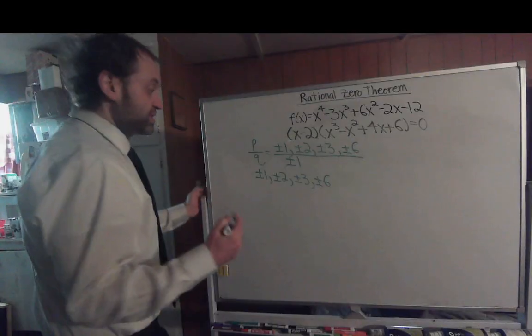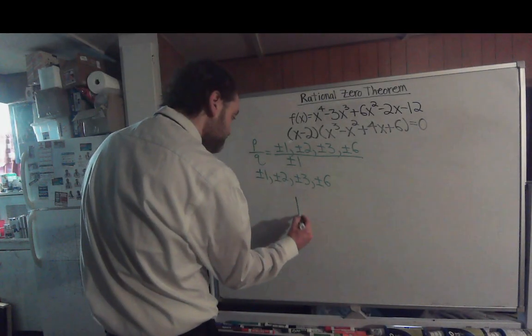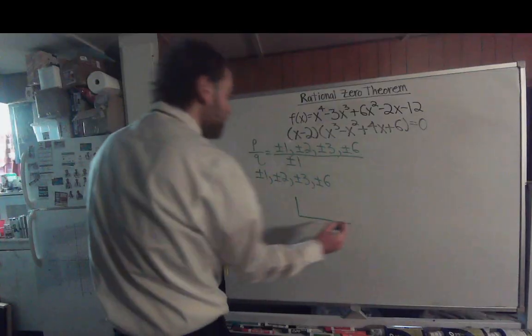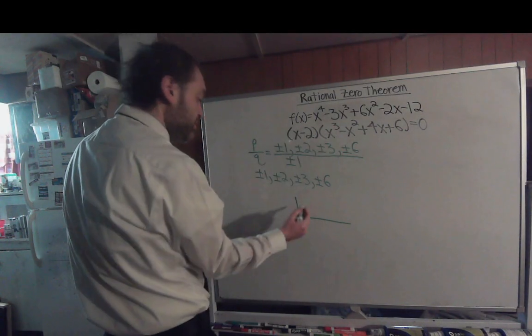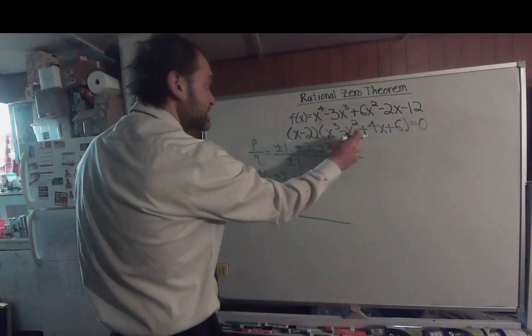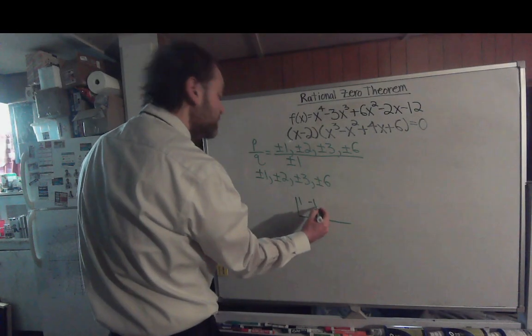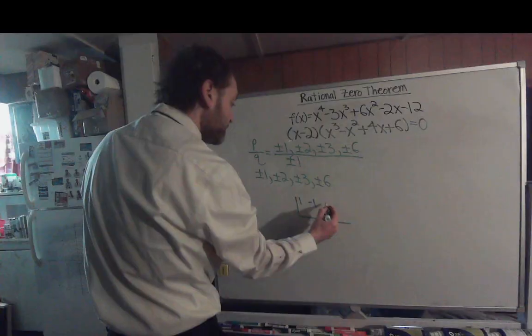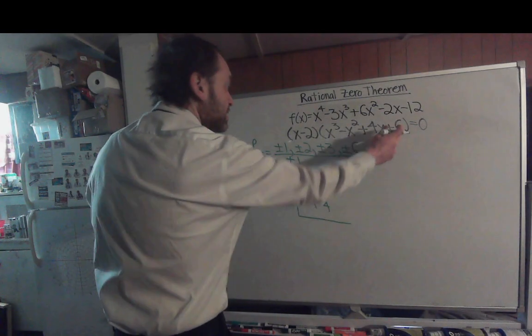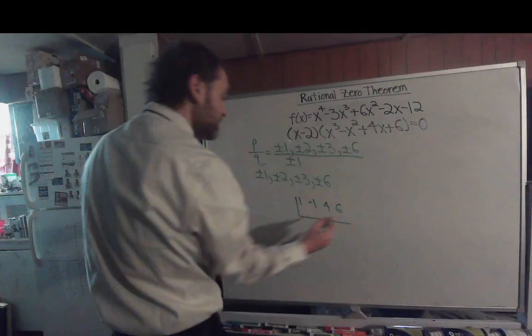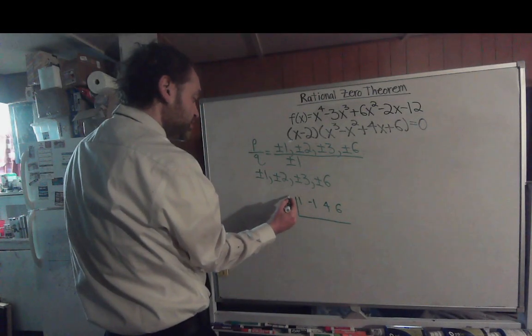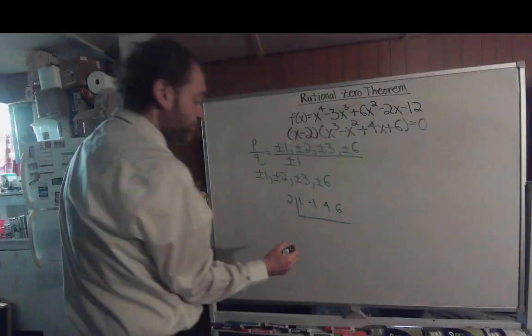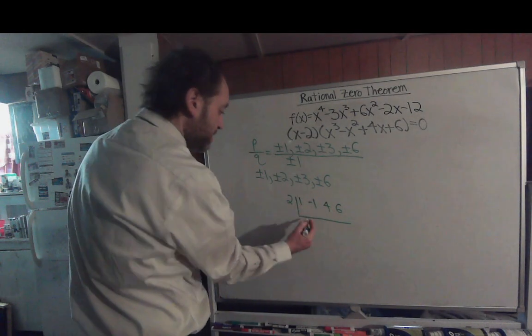So let's do our synthetic division here and test these out. Alright, so x to the third coefficient is 1, x to the second is negative 1, x to the first is 4, constant is 6. Let's try 2 again. Alright, so bring down your 1.